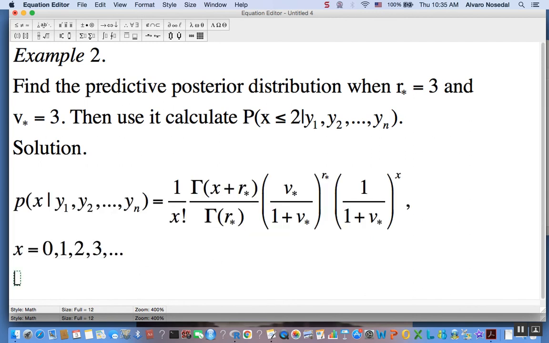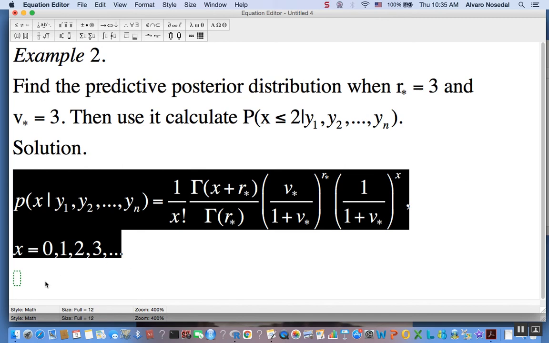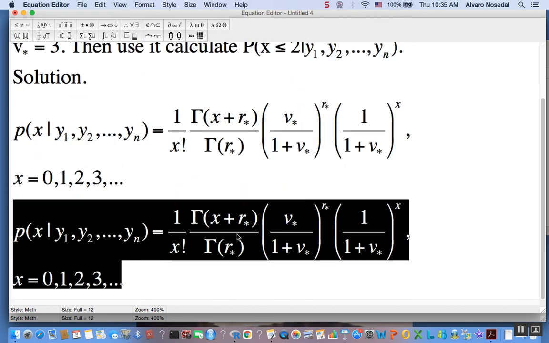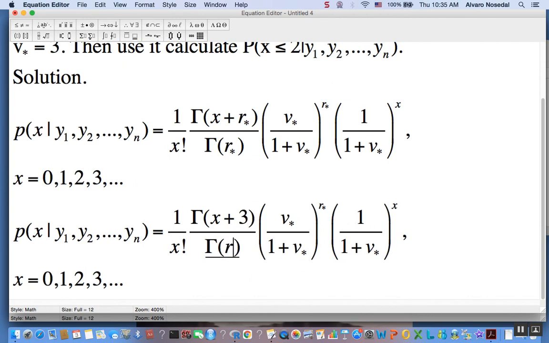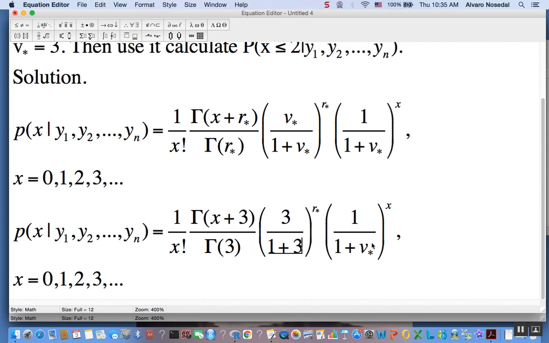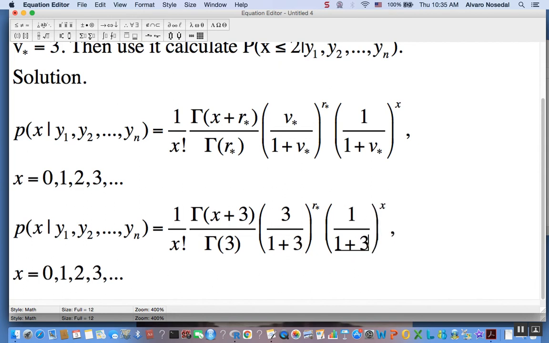So first step, let's plug in the values that we have for r star and v star. So we have 3 here, we have 3 here as well, and we have a 3 here as well, right?